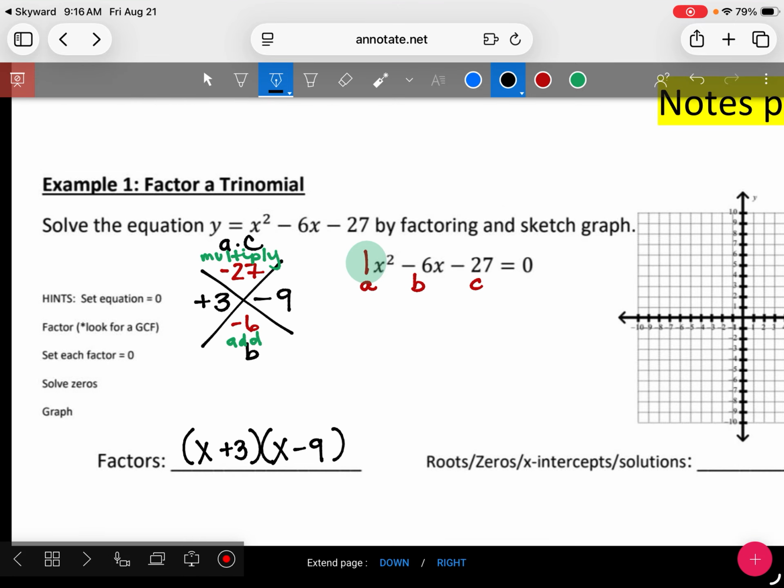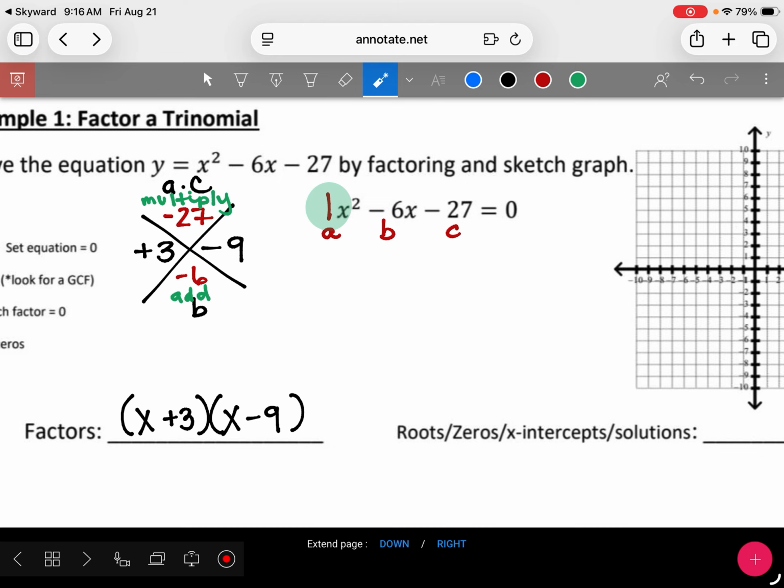But to find the roots, remember, there are 4 different terms that all mean the same thing: a root, a zero, an x-intercept, or a solution. In order to find this, just like we did in the last examples, we have to set the factors equal to 0. Take the x plus 3, set that equal to 0 and solve it, and take x minus 9, set that equal to 0 and solve it.